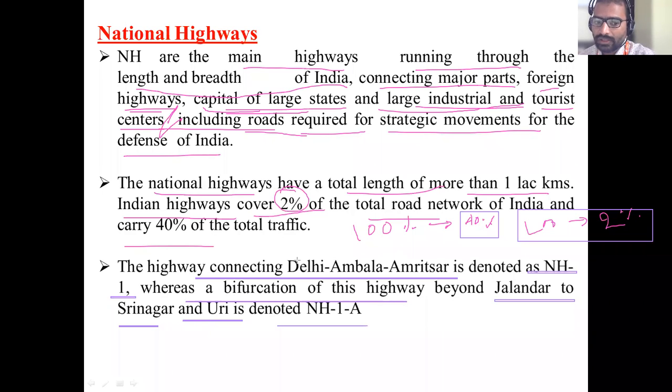This is National Highway 1, Delhi to Amritsar. But again, there is a bifurcation in that national highway beyond Jalandhar to Srinagar and Uri.